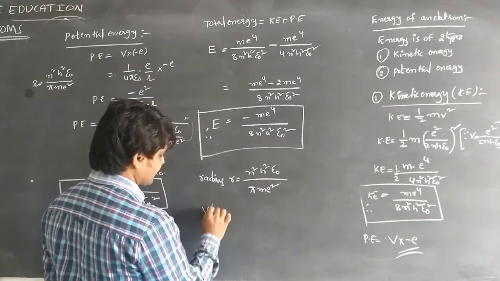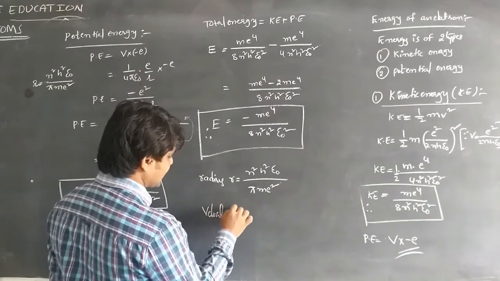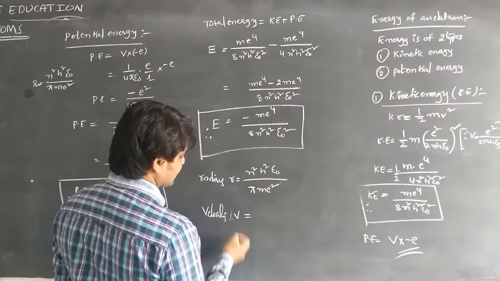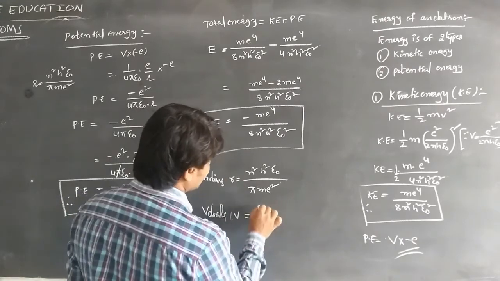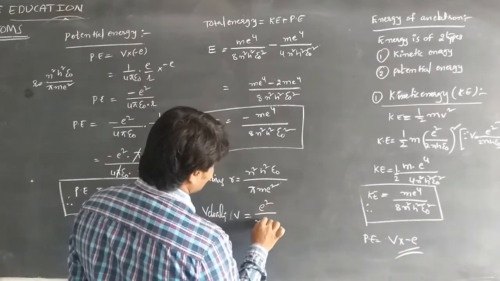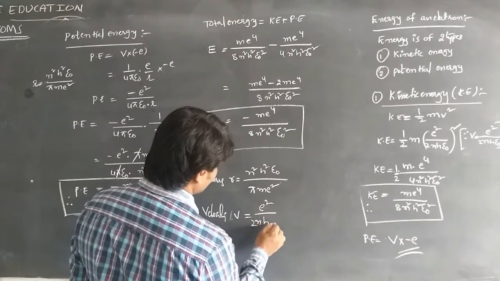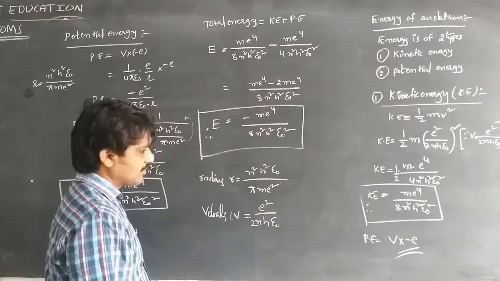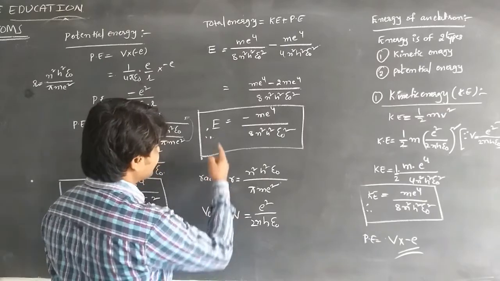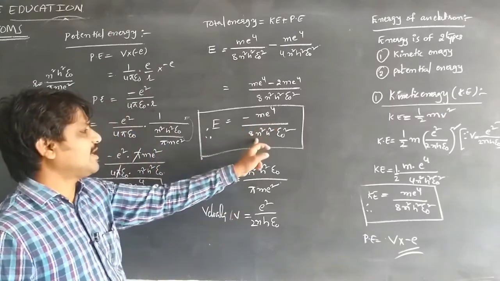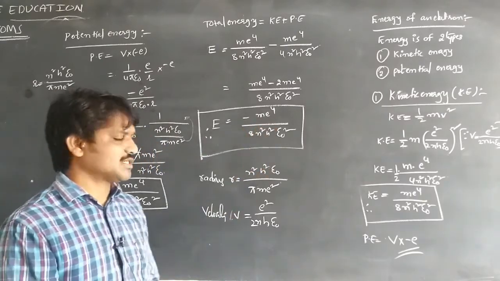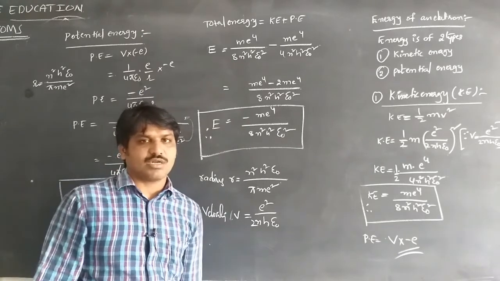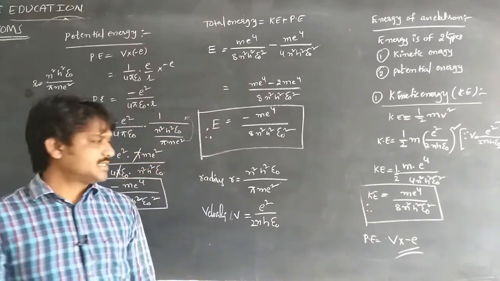Then the velocity or speed, V is equal to e square by 2 n h epsilon naught, and the energy will be minus m e power 4 by 8 n square h square epsilon naught square, the energy of an electron in an orbit.